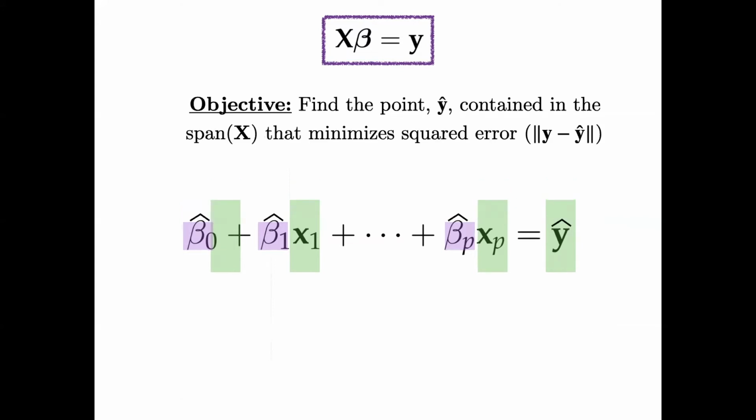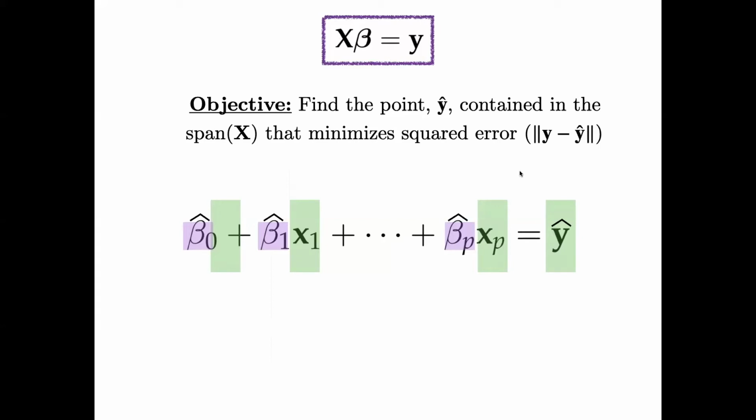So the objective in regression is to find the point, we call it y hat, that is contained in the span of X and minimizes the squared error. Now, one way to represent the squared error is as the norm of y minus y hat. Remember, this is the square root of the sum of squares. So I've taken the square root, but obviously if I minimize the square root, I minimize the square.